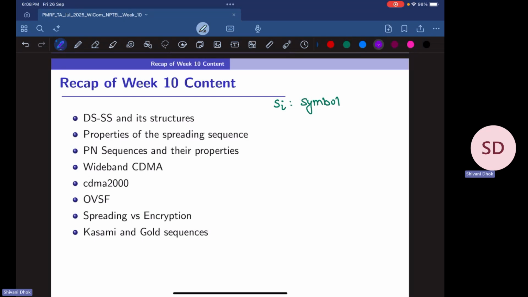So this S_i belongs to some constellation.